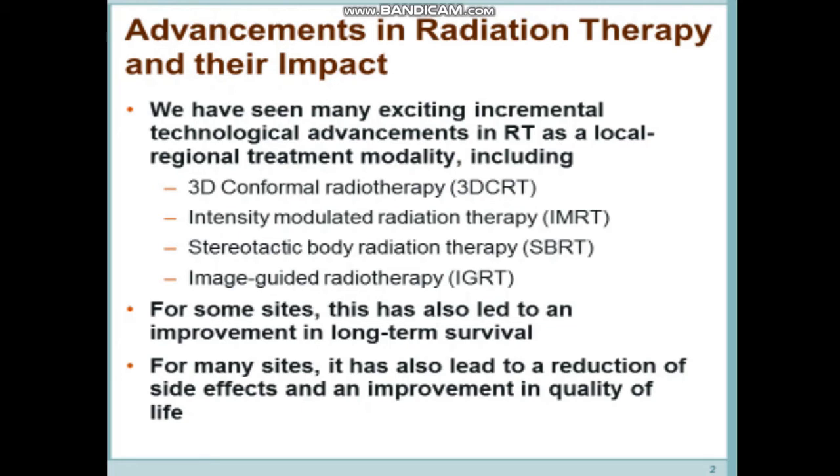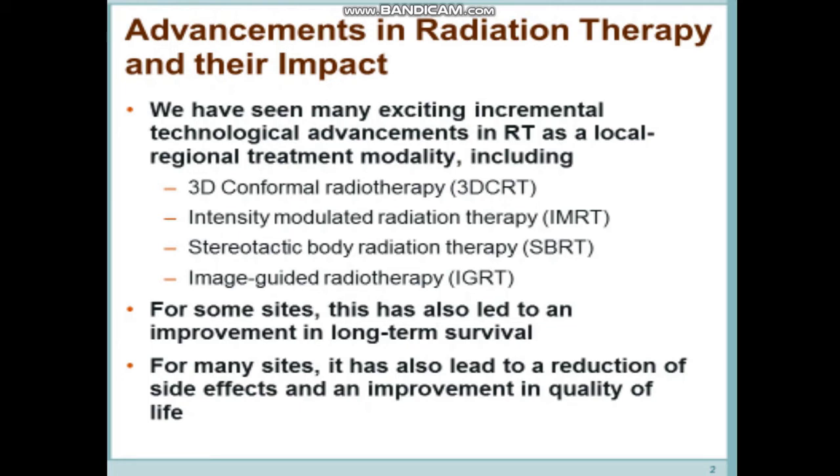3-dimensional conformal radiotherapy. 2-dimensional radiotherapy using rectangular fields based on plain X-ray imaging has largely been replaced recently by 3-dimensional radiation therapy based on CAT scan imaging, which allows accurate localization of the tumor and critical normal organ structures for optimal beam placement and shielding.